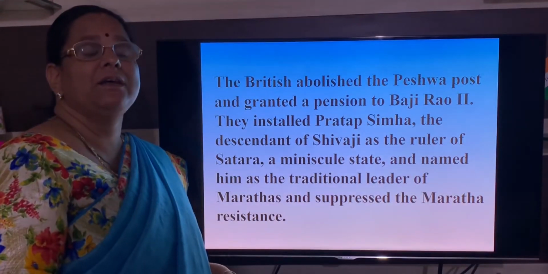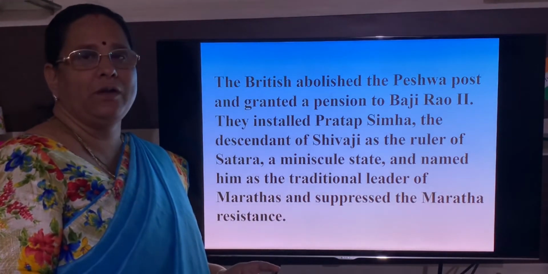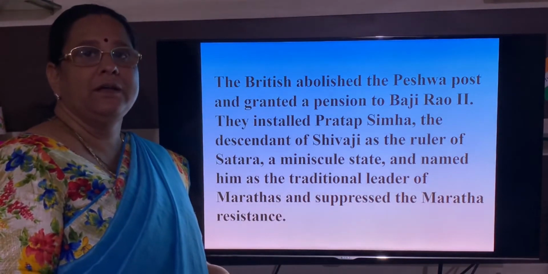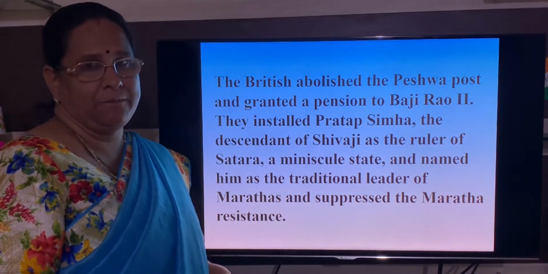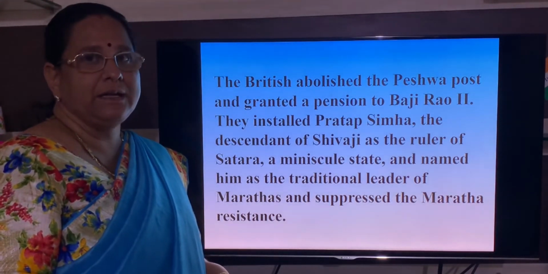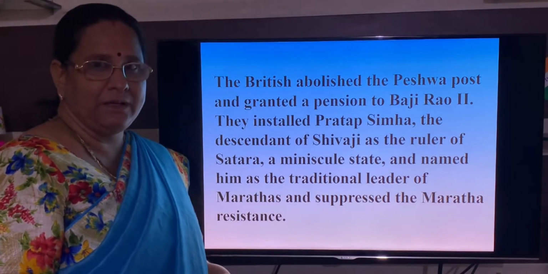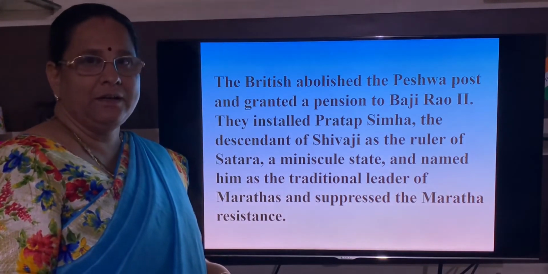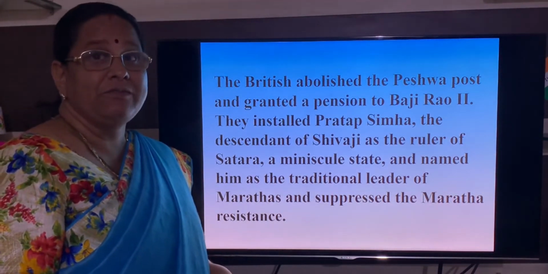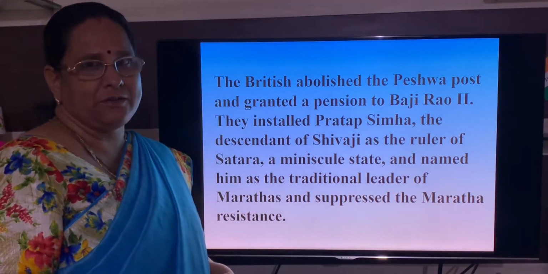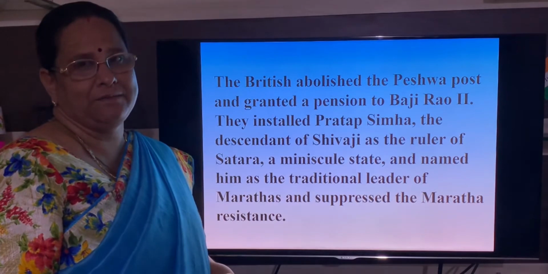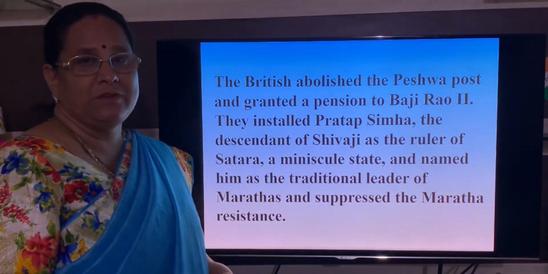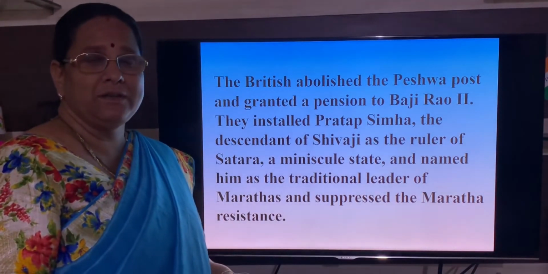The Third Anglo-Maratha War was fought in the year 1817 to 1818. Here, the entire Maratha family joined together and fought the battle against the British for the independence of the Maratha kingdom. You have to remember 3 points of this.